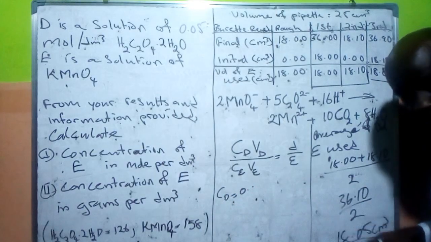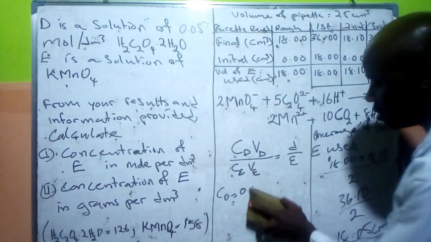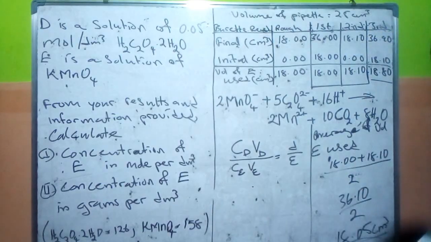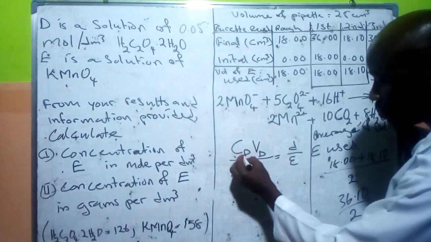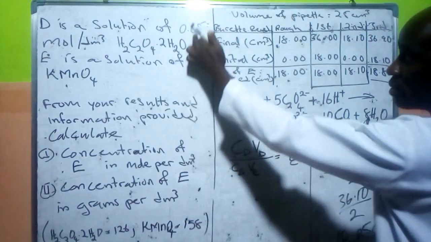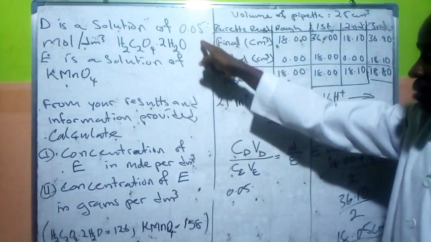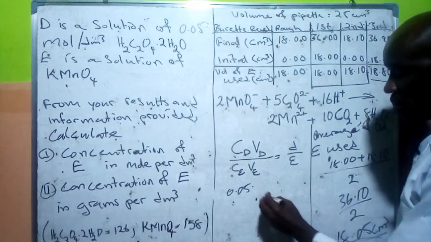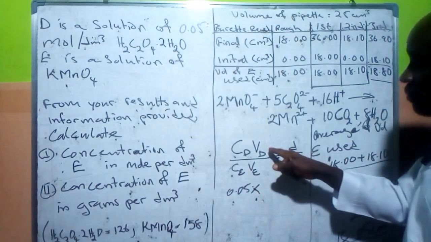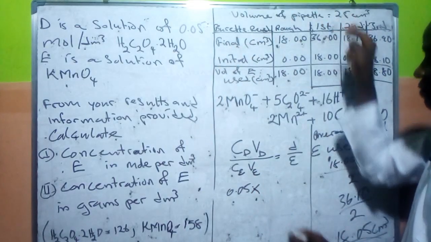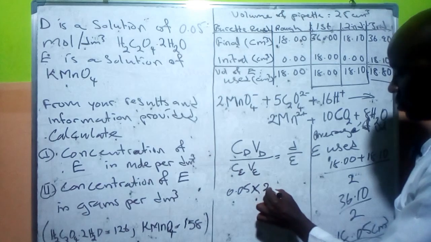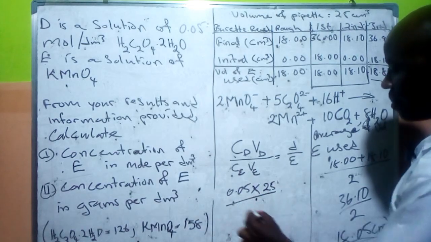I will not be listing out these things like that, so that will be a bit fast. So this is for this. We have 0.05, that's the concentration of D in mole per dm cube. Multiply the volume. The volume of this is 25 cm cube, which I used. 25 cm cube all over.